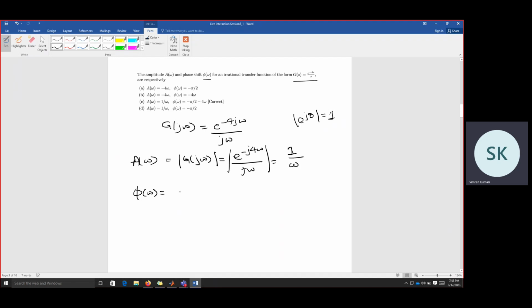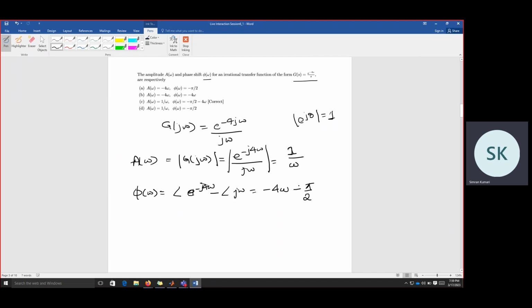So the phase shift is the angle contributed by the numerator, which is minus 4 omega, or we can say the angle contributed by e to the power minus j 4 omega, minus the angle contributed by the denominator. What is the angle contributed by this? This would be minus 4 omega, and since this is an imaginary part, it will just contribute pi by 2.